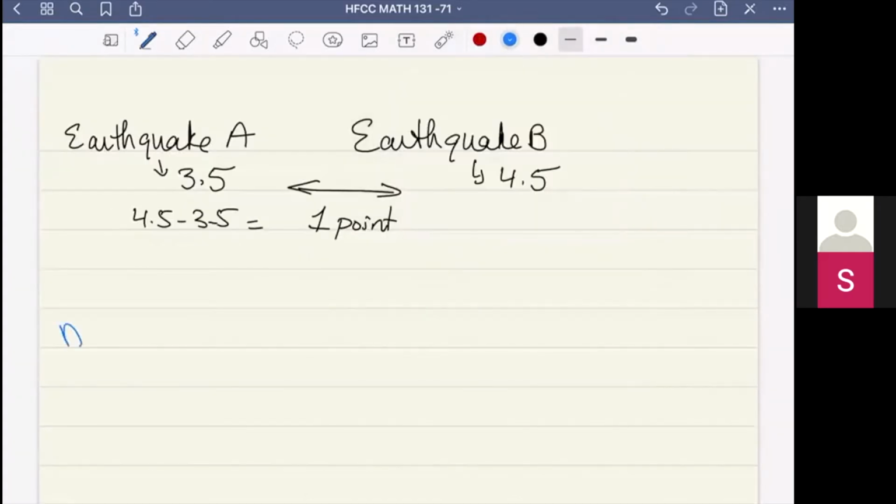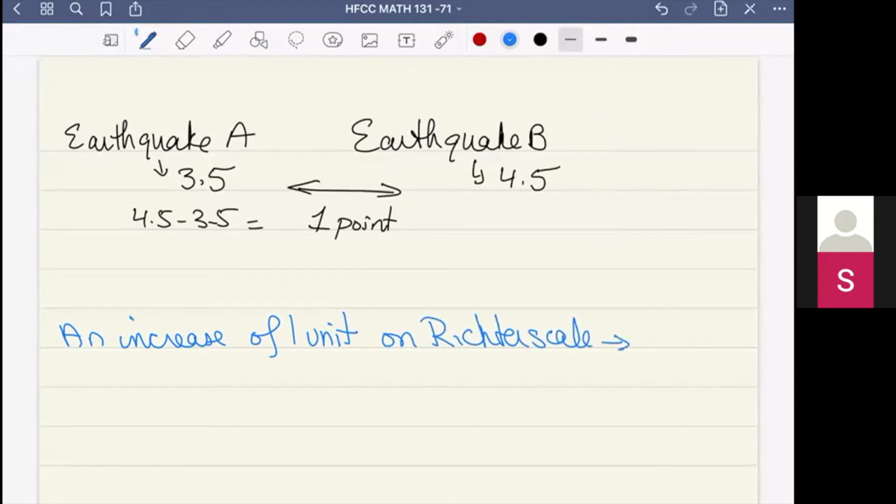An increase of 1 unit on the Richter scale would mean an increase in the relative intensity by a factor of 10. So that means 1 unit means earthquake B had 10 times the relative intensity of earthquake A.